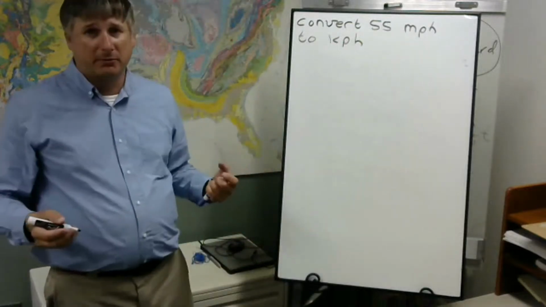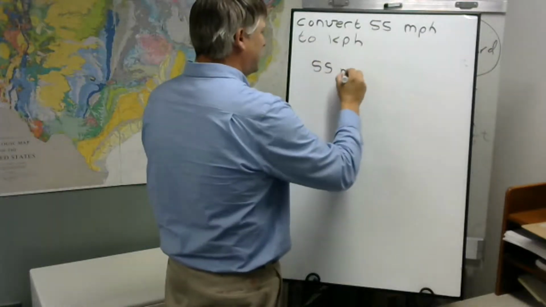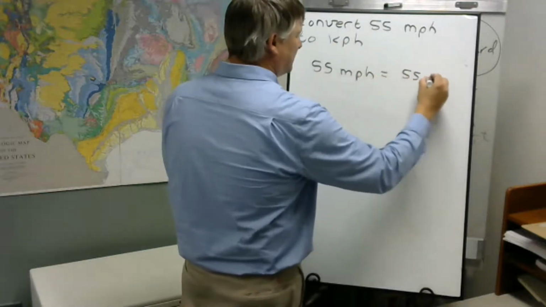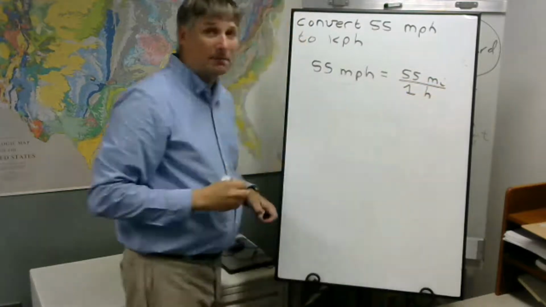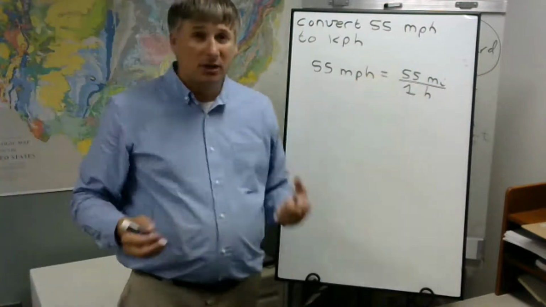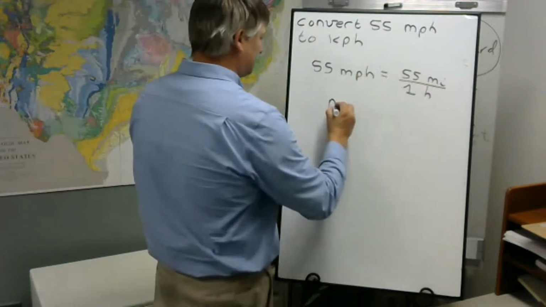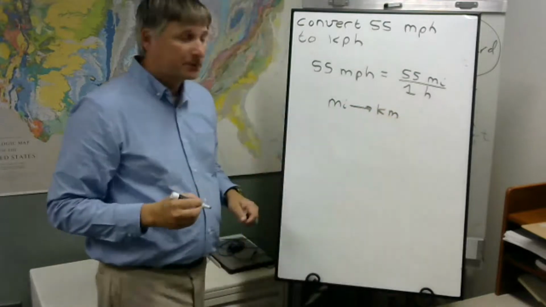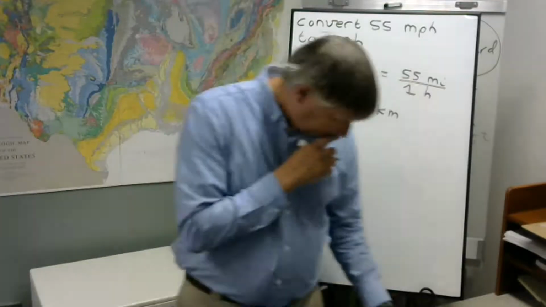So we want to do some rewriting with this one first. 55 miles per hour. This is 55 miles per 1 hour. So we want to convert this to kilometers per hour. So we're going to convert miles. We want miles to become kilometers.